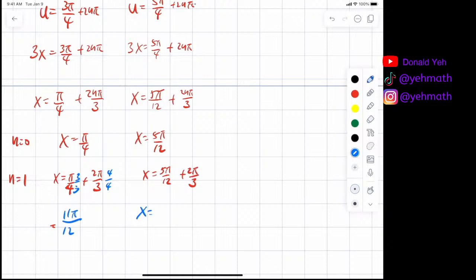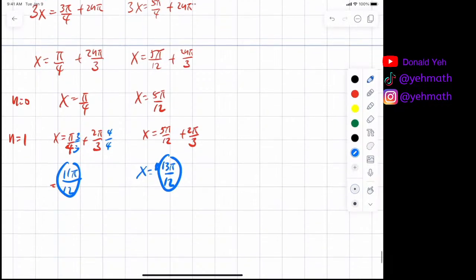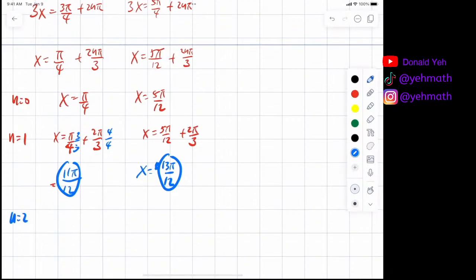So this is a 5 pi. So 4. So 5 plus what? 8. So it's 13 pi over 12. So yeah, I'm gonna get the other two answers here. Am I doing okay? Okay, n equal to 2. I'm just basically adding fractions. Pi over 4 plus, now this one is n equal to 2, so it'll be 4 pi over 3.